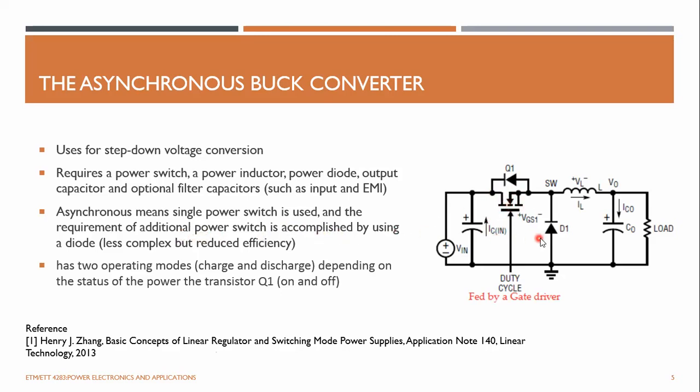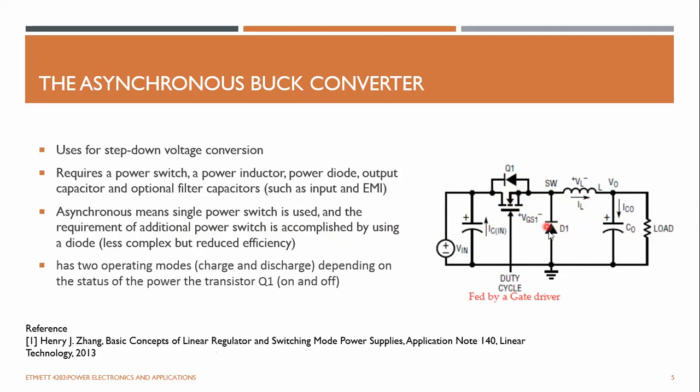Additionally, you can use another switch here, because this diode D1 is simply transferring the stored energy of the inductor. Sometimes you can replace D1 with another MOSFET. In a diode there's always a voltage drop of 0.7 V, so when the current is circulating there's always a power loss.